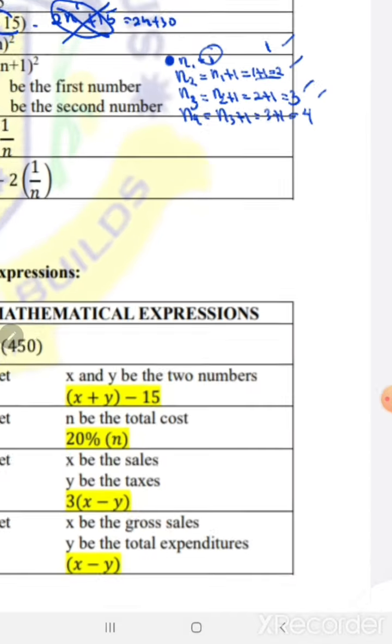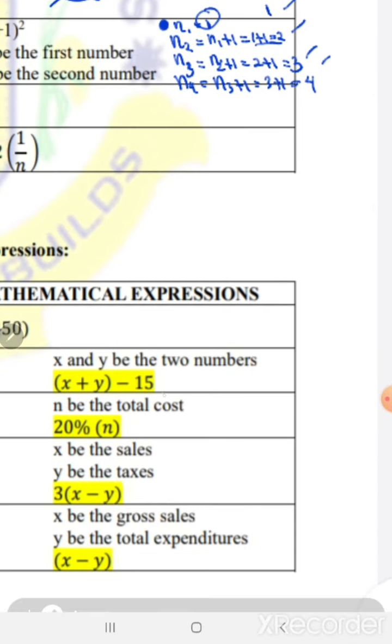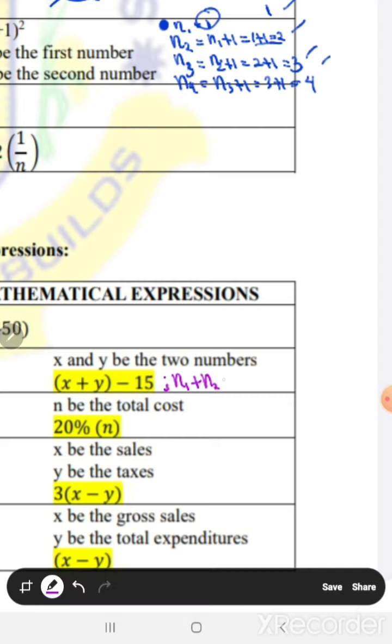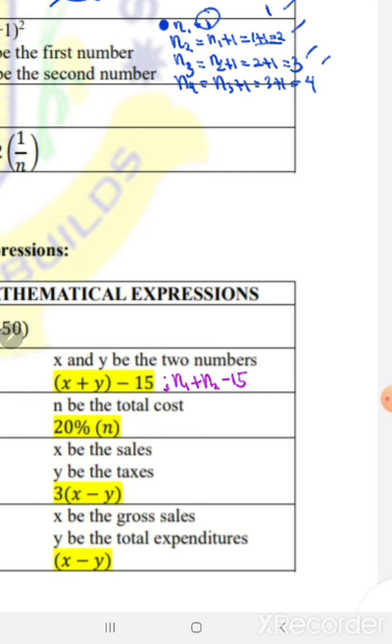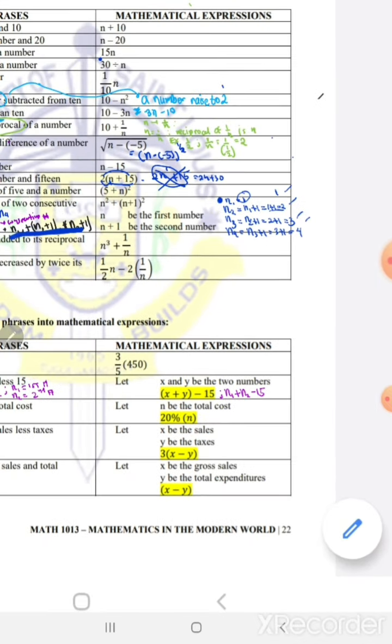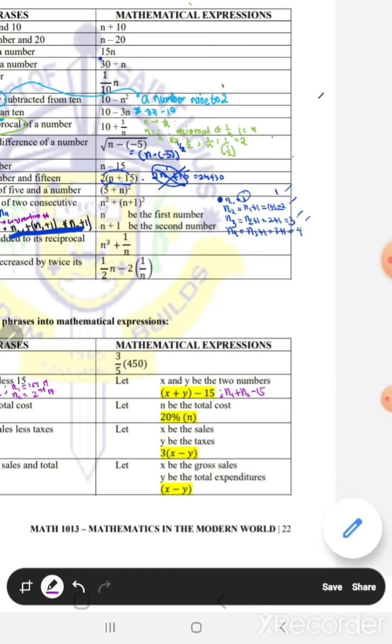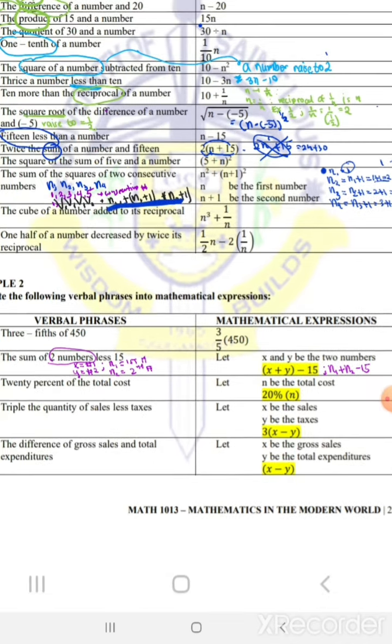Okay, it can be rewritten into n1 plus n2, which means the second number, which is minus 15. Okay? Or any variable as long as it would indicate that the numbers are not equal.